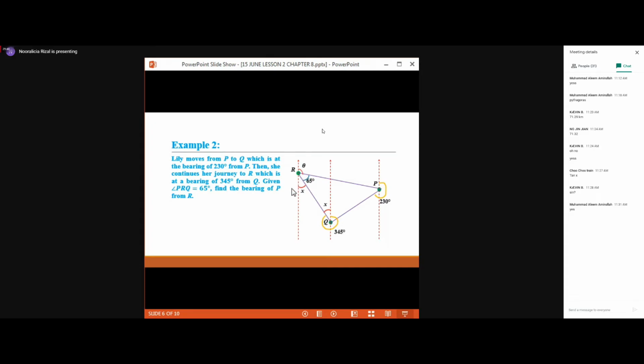I already said you can use your alternate angle value. So how much is X? Can anyone tell me what's the value of X here? This X here. How much? Anybody?